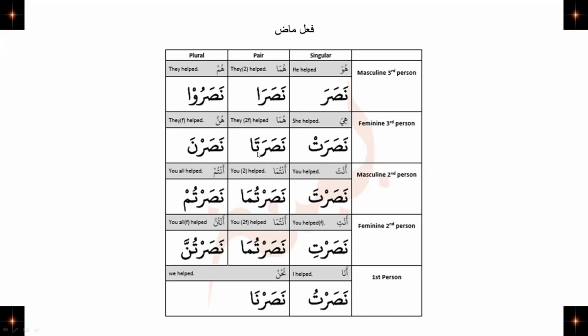The difference here is the ta. That tells you that this is a feminine action. This one was done by two ladies. Nasarata, like katabata and akalata. So it's for the two tas.